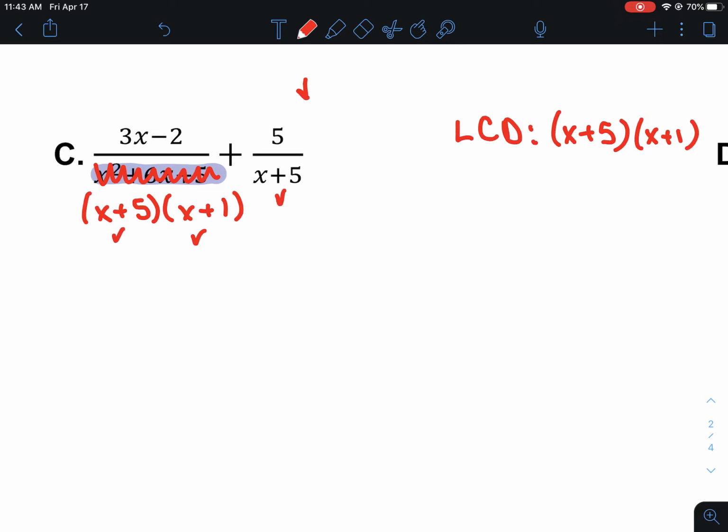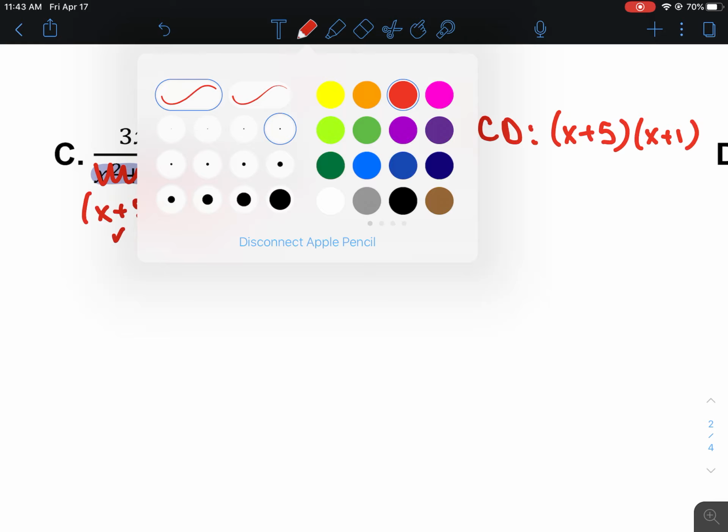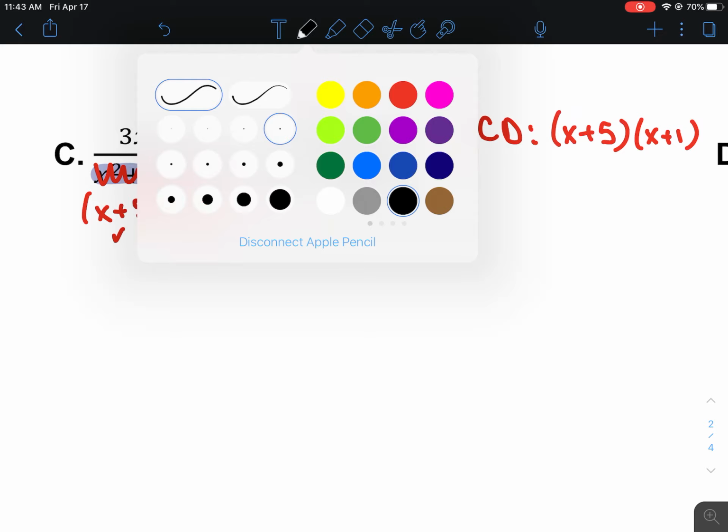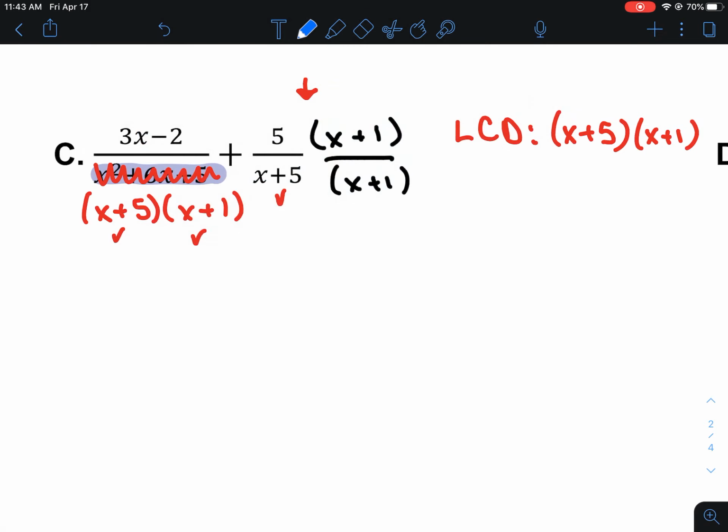That means that my second fraction here is missing the x plus 1. So I'm going to multiply the top and bottom by x plus 1. Whatever I do to the top, I need to do to the bottom. This side I didn't change anything, so it's still 3x minus 2.